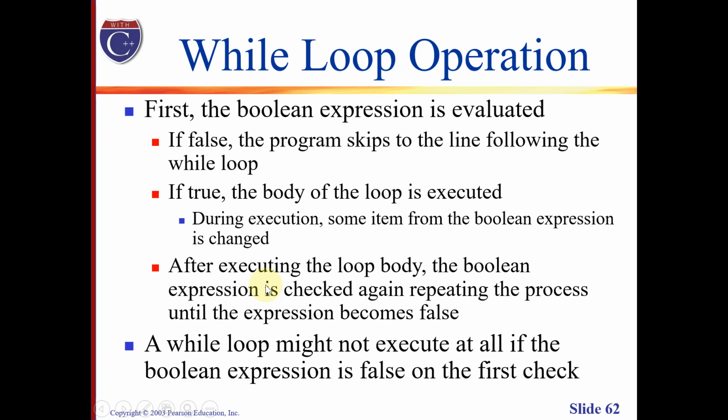After executing the loop body, the Boolean expression is checked again, repeating the process until the expression becomes false. We must also take note that a while loop might not execute at all if the Boolean expression is false on the first check.